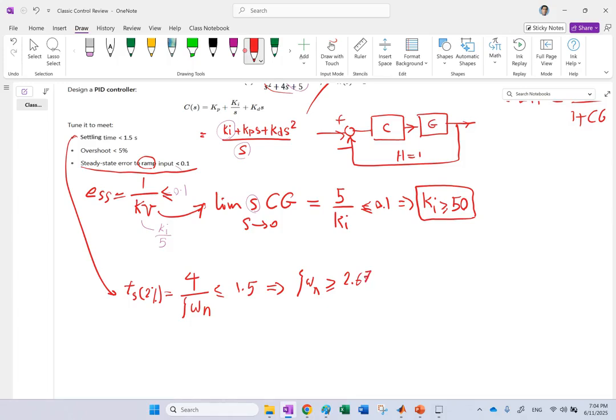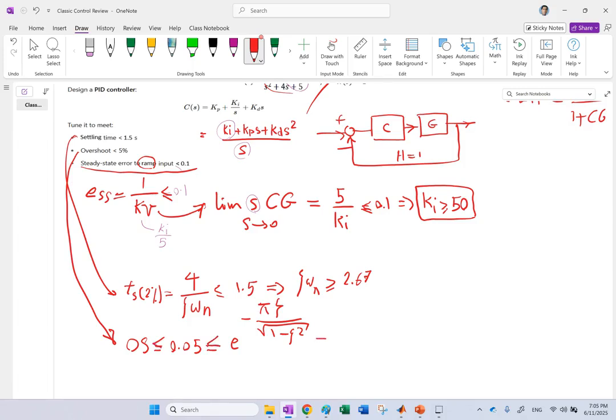Okay, and then your overshoot percentage is 5%, so the overshoot itself is 0.05, and this is equal to e to the negative pi times zeta divided by square root of 1 minus zeta squared, and this has to be less than this.